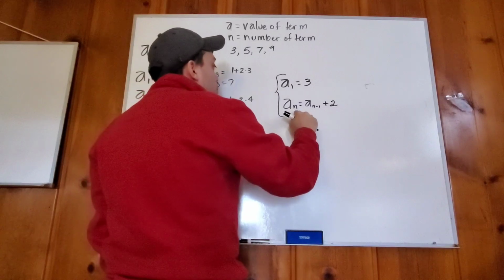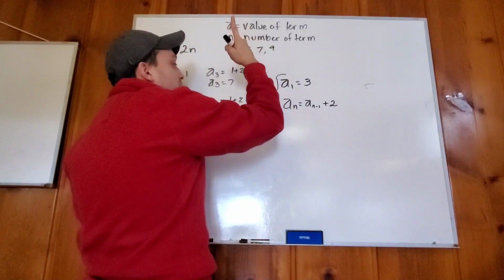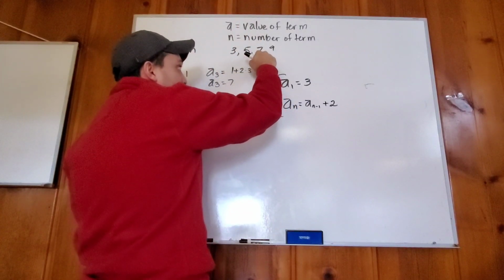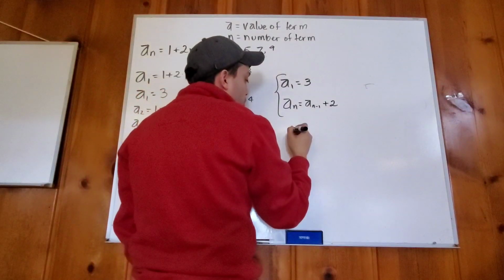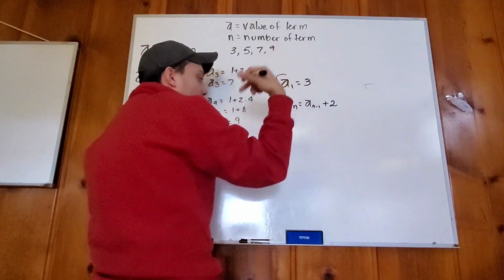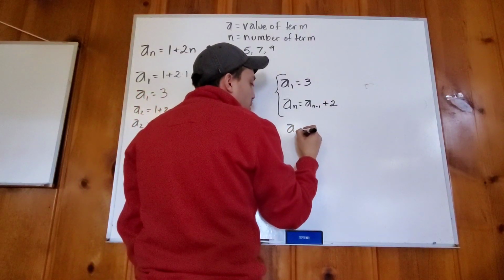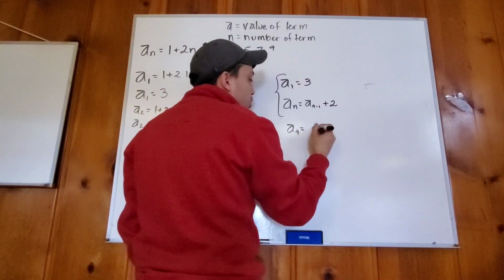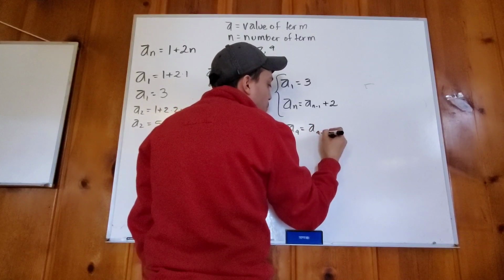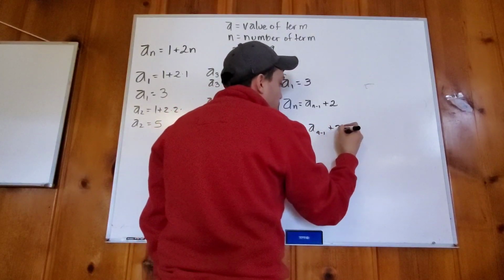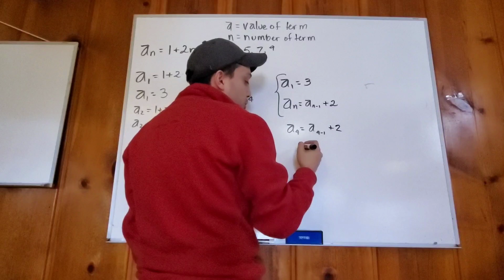Why? Because if we pick the value of, let's say, 5 to find 7, so my third term. Let's do the fourth term this time. So a of 4, the value of my fourth term, is going to be a of 4 minus 1 plus 2. Well, 4 minus 1 is 3.